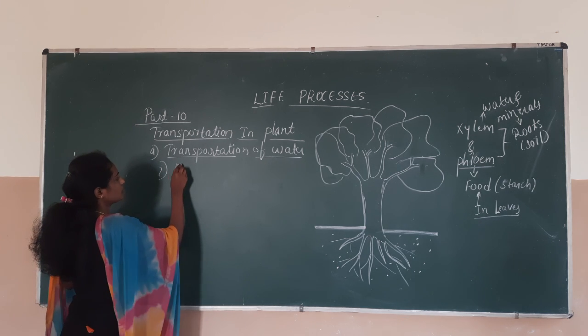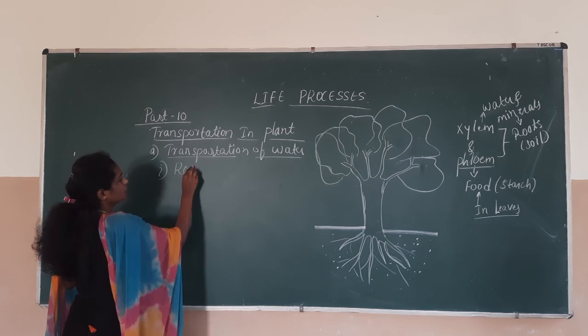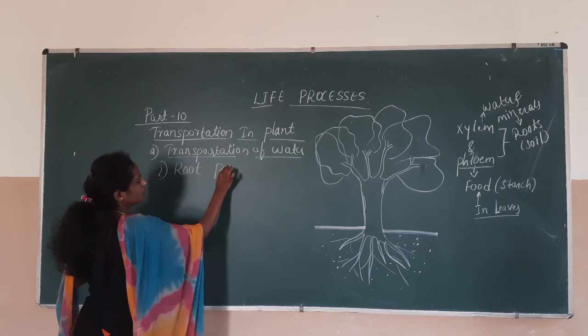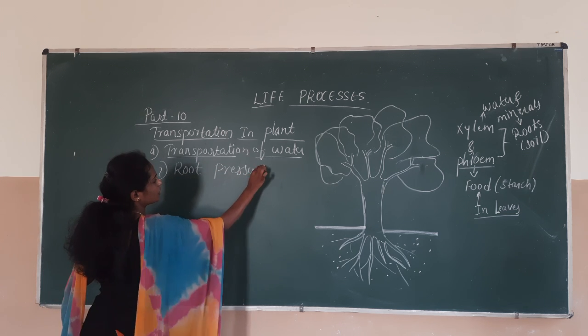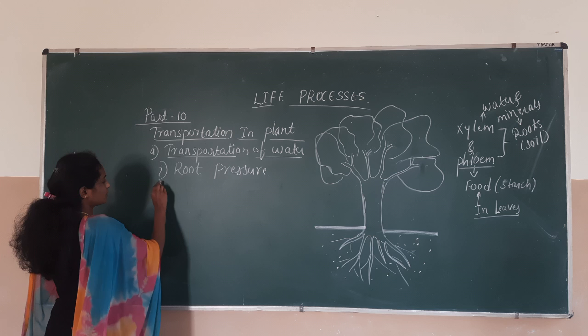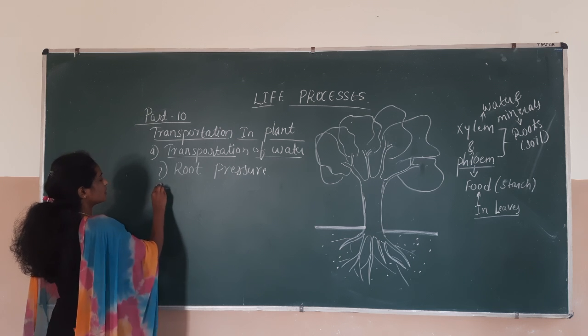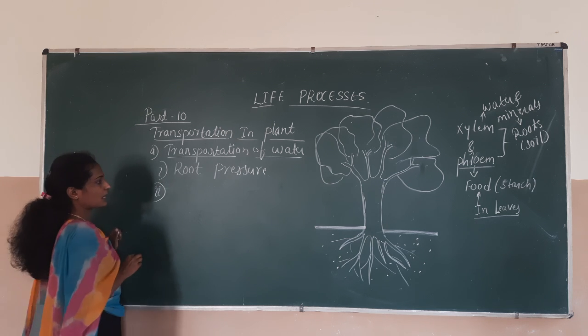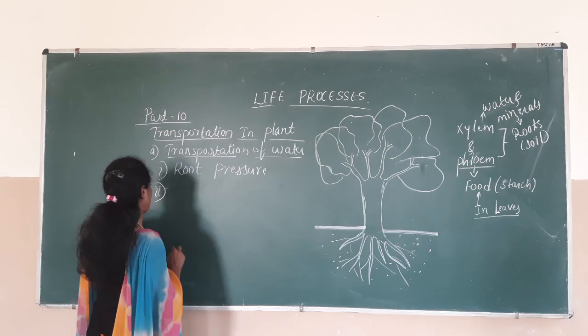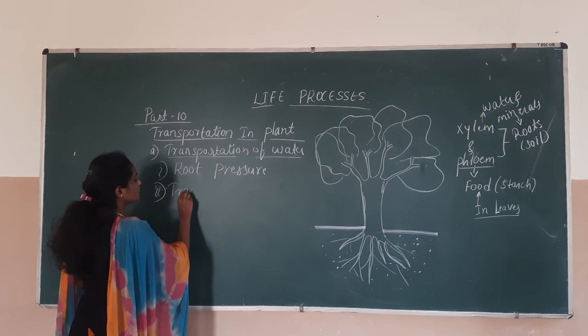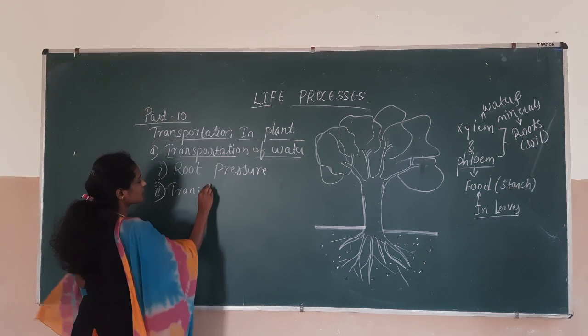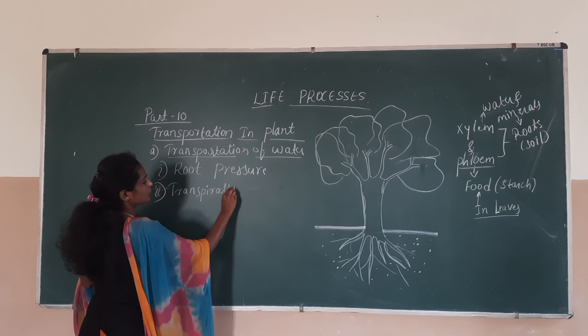One is root pressure, and the second step in the transportation of water in plants is transpiration pull.